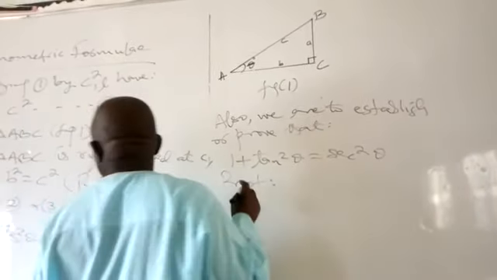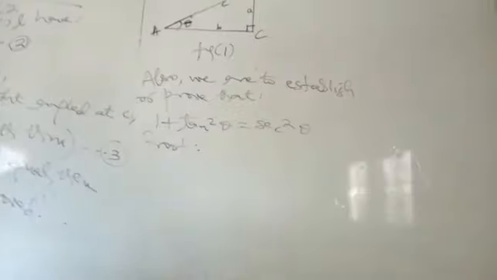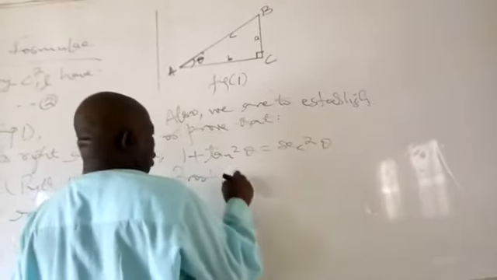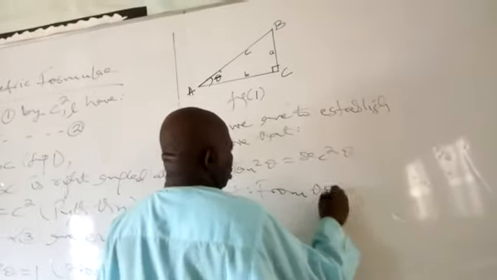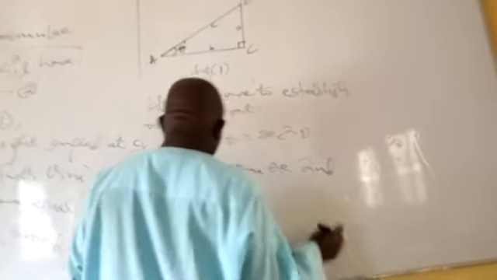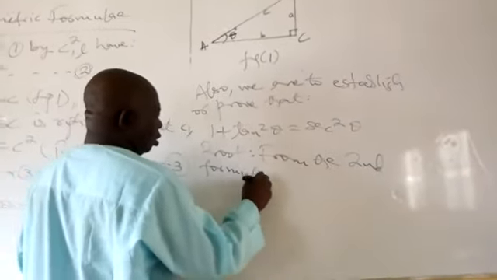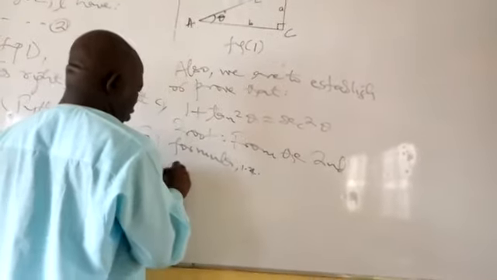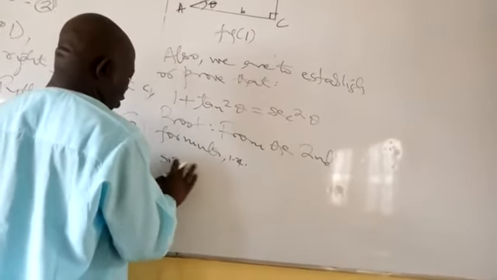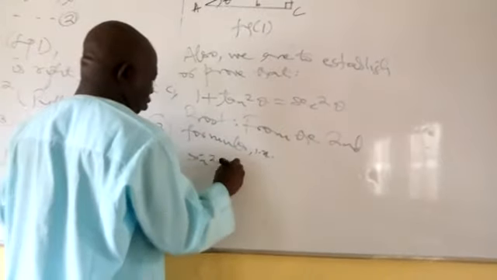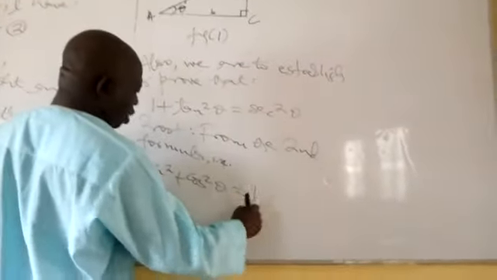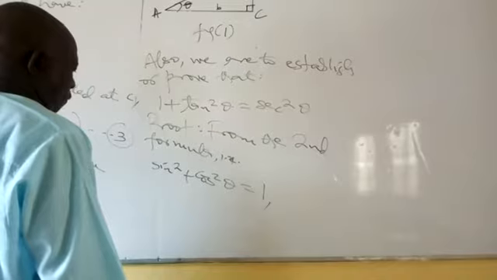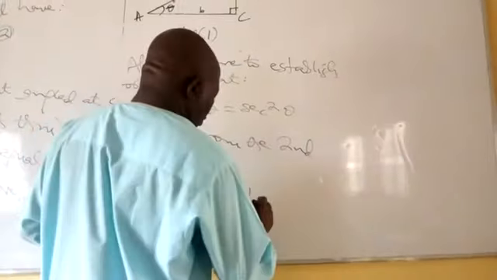Now, we do know that from the second formula, i.e. sine square theta plus cos square theta equals 1, we can divide through by cos square theta.